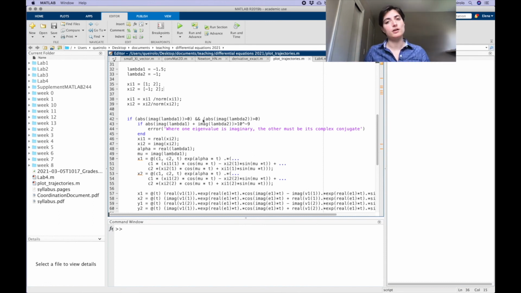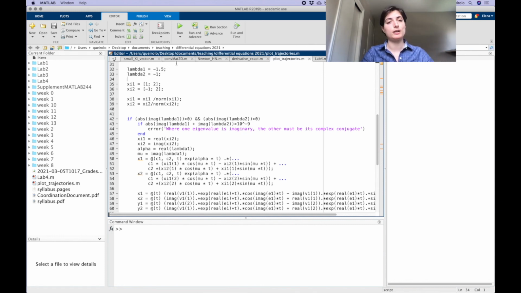So you're giving the code the eigenpairs, and it automatically plots the behavior of the phase portrait depending on these values. So here I chose lambda 1 and lambda 2 being both negative and some eigenvector that I chose. What is important is the sign of the lambdas.